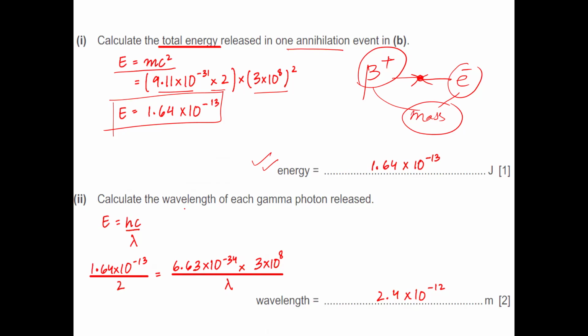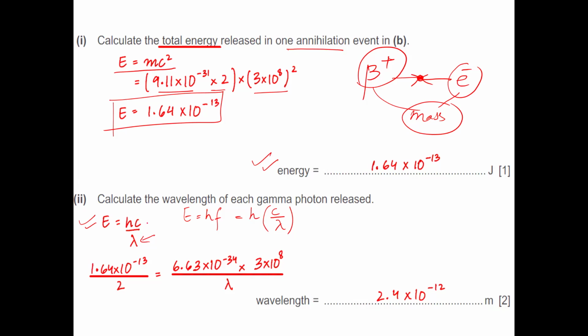We have the formula E equals hf, and instead of frequency we can use the formula v equals f lambda, so f can be written as c divided by lambda. So E equals hc divided by lambda, and using this formula we can find the wavelength. So E equals hc over lambda will help us find the wavelength.